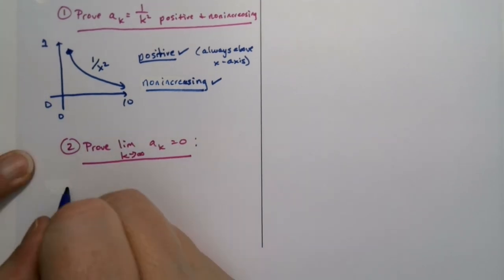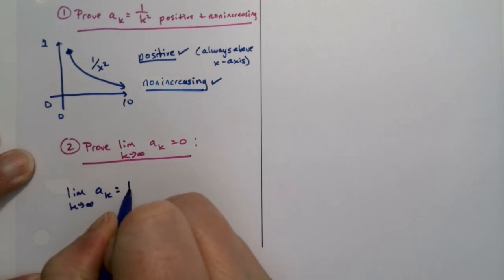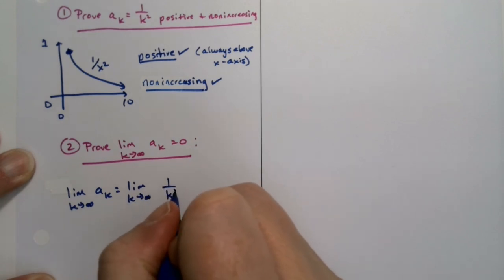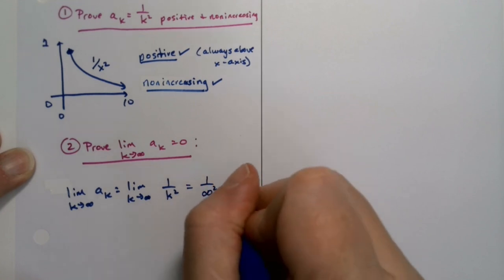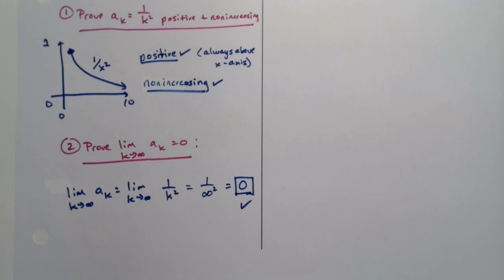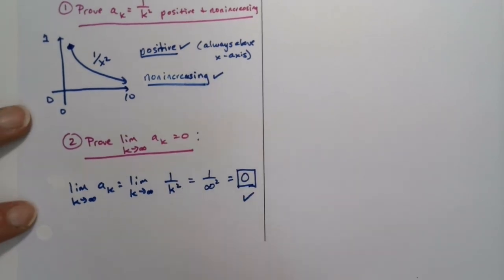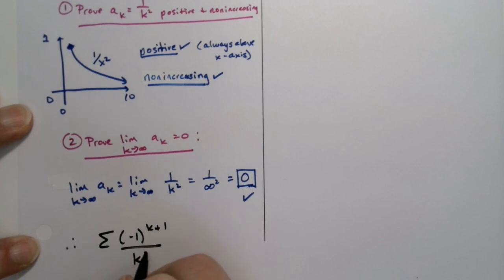The limit as k goes to infinity of a sub k is the limit as k goes to infinity of 1 over k squared. And we learned a long time ago that anything over infinity is 0. Lovely. Therefore, since I have proven part 1 and part 2, this series converges.